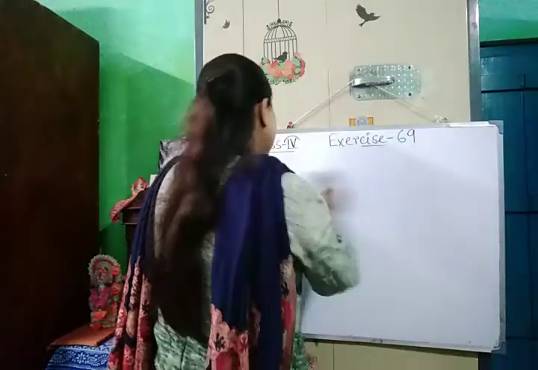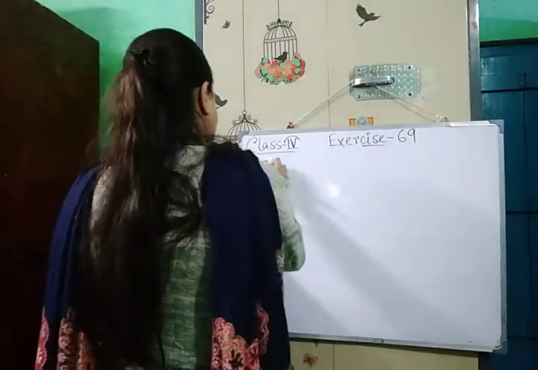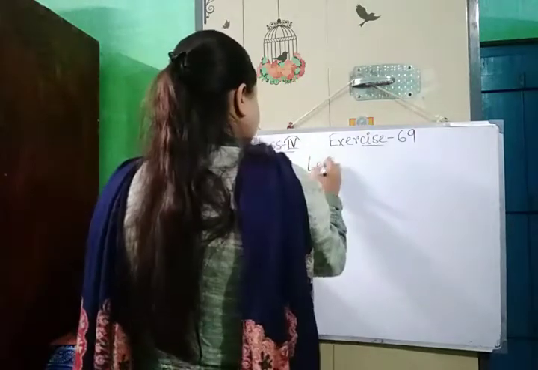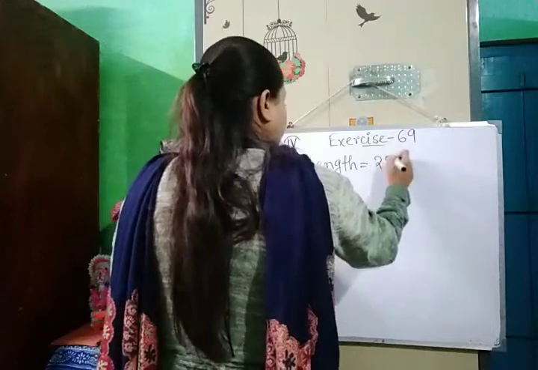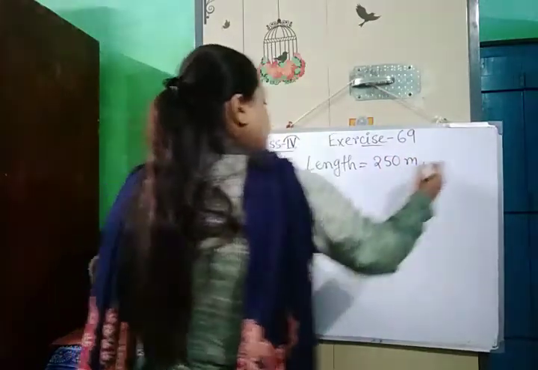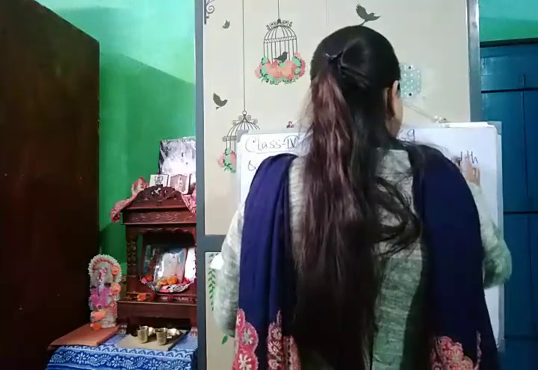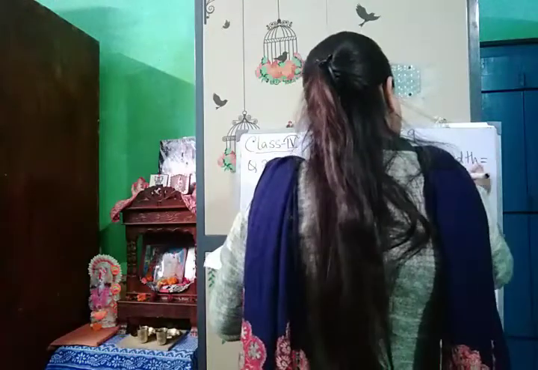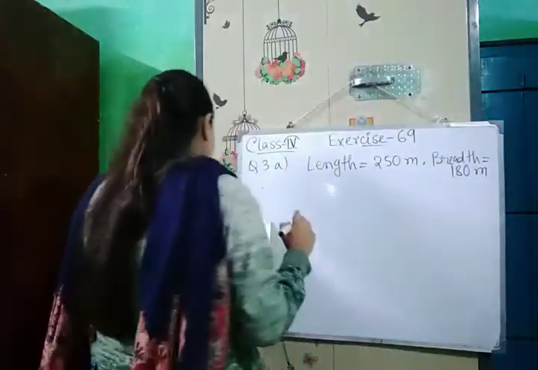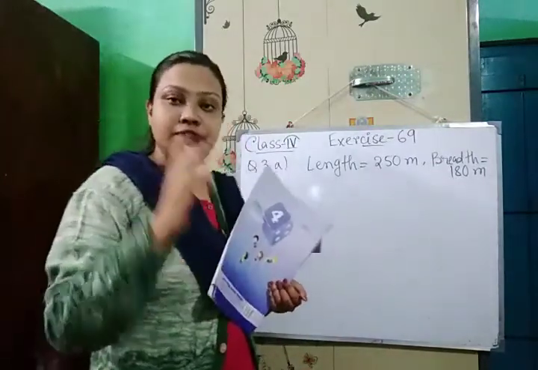I am doing question number 3's A. Length is given as 250 meter and breadth is given as 180 meter. Now, what is the formula to find the perimeter of a rectangle?